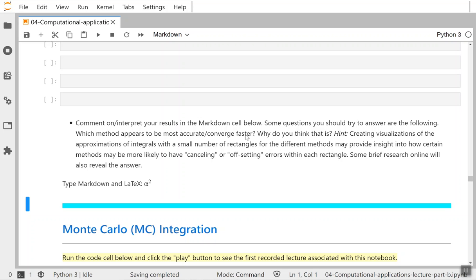Which method appears to be the most accurate or converge the fastest? Why do you think that is? A hint is to create visualizations of the approximations of integrals with a small number of rectangles for the different methods. And I kind of hinted at this above in terms of the midpoint rule having some cancellation of errors. Some brief research online will also reveal the answer.